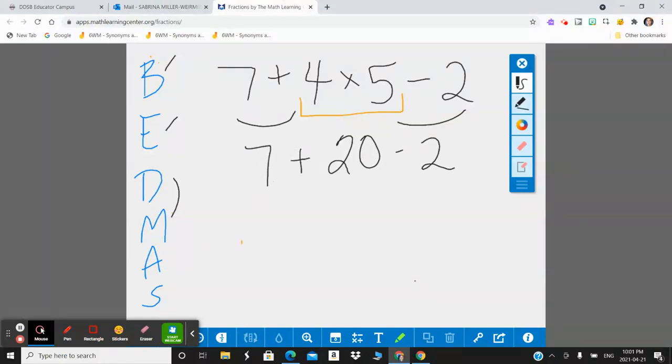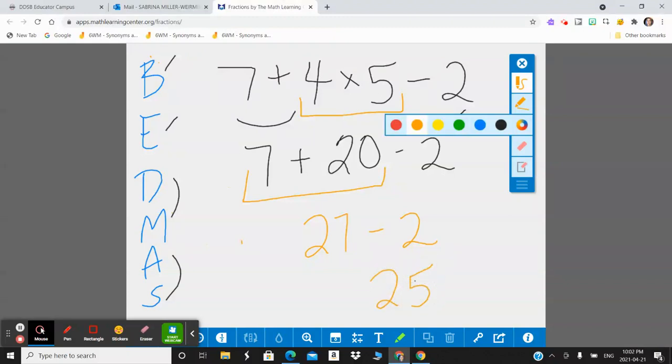Now I look at this again and I say, okay, there's no more multiplication, there's no division. Now I can move on to addition and subtraction from left to right, just like we read a book. So my first step, 7 plus 20 is 27, and minus 2, and then I finish that, and my answer to this problem is 25.